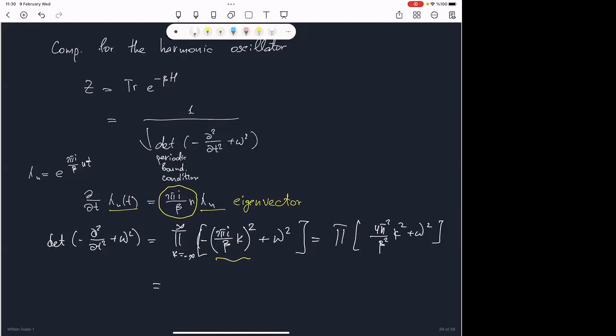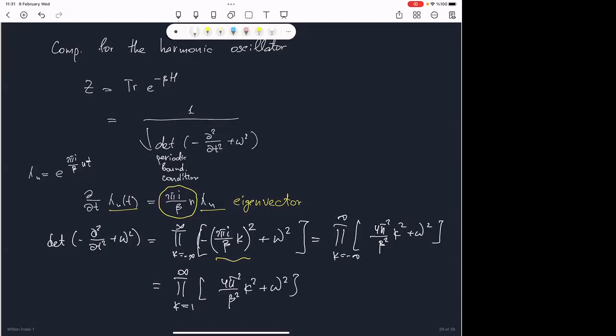Now if you take k squared, you see k runs from minus infinity to infinity, but we have just k squared. That means you can say k runs from 1 to infinity, and then the square of this, 4 pi squared over beta squared k squared, because k squared is always positive, the same terms.